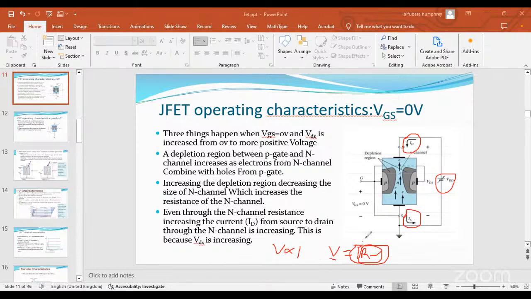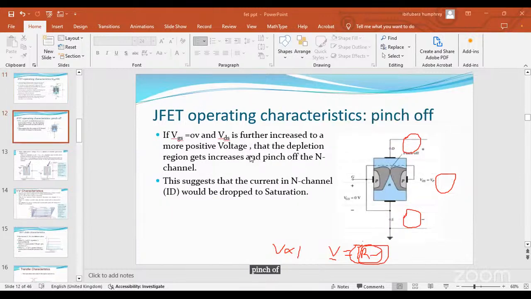I will remain constant. Now, the maximum voltage attained for I to remain constant, that is what we call the pinch off voltage. That is this.